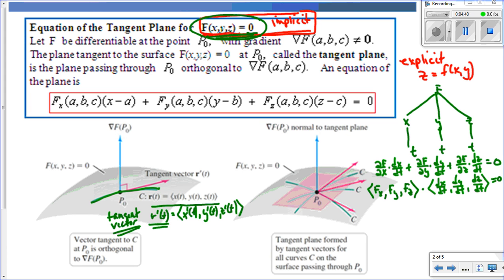Okay, so what this says is that the tangent vector of that curve, which was just a random curve on that surface, is orthogonal to the gradient.